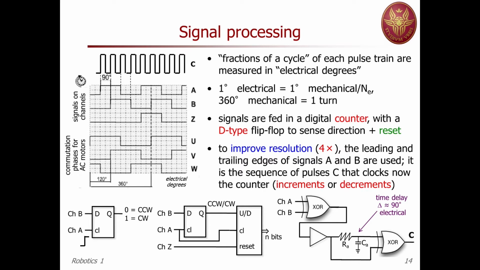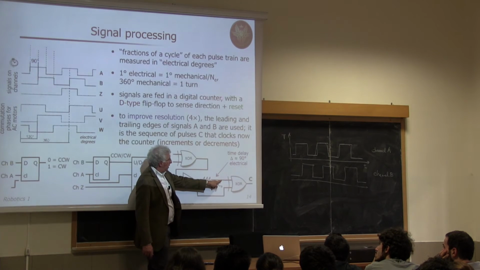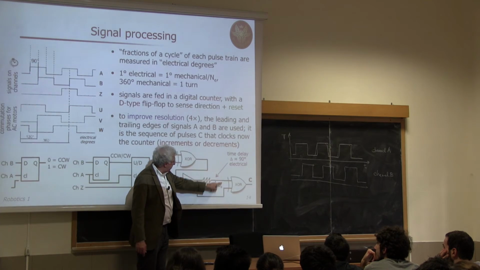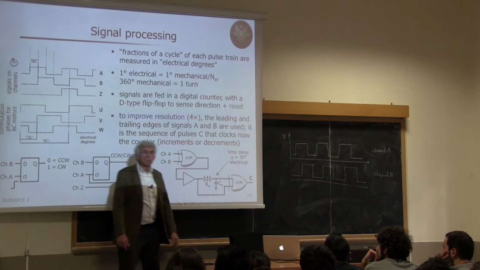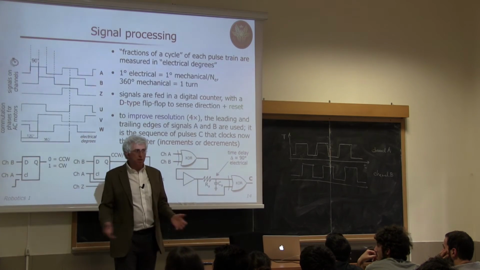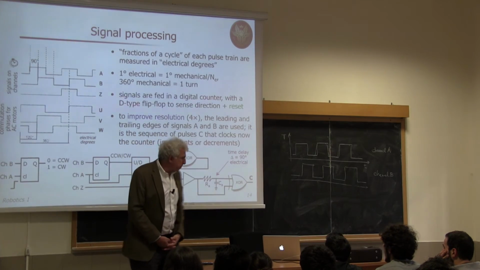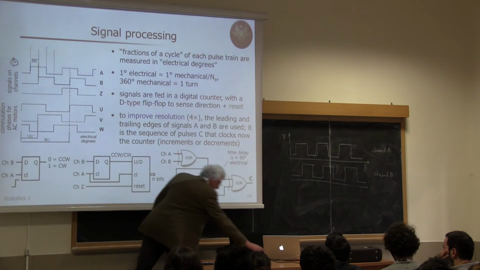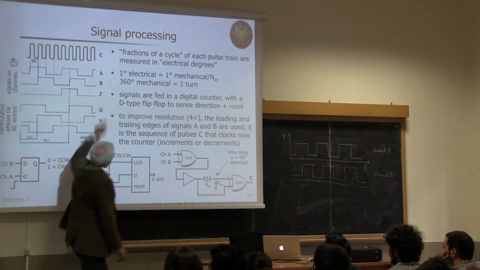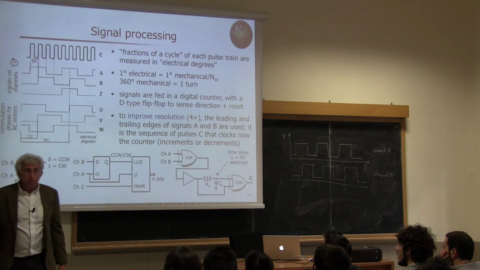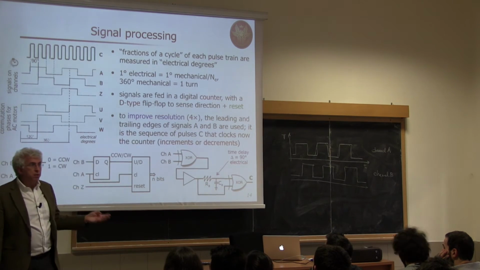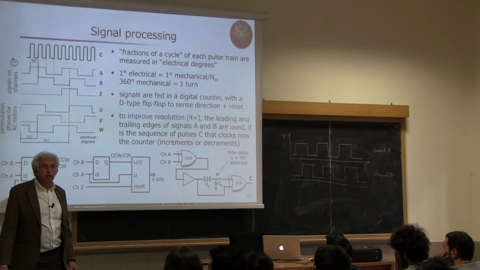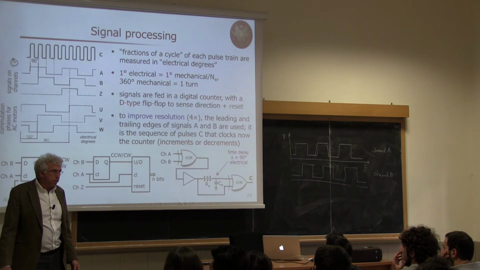So at this stage, you have here a delayed signal by 90 degrees and the original signal. You do another exclusive OR, and then you can double again the frequency. The final output is the signal C that you see on top, which has 4 times the number of pulses per turn as the original output of the encoder.